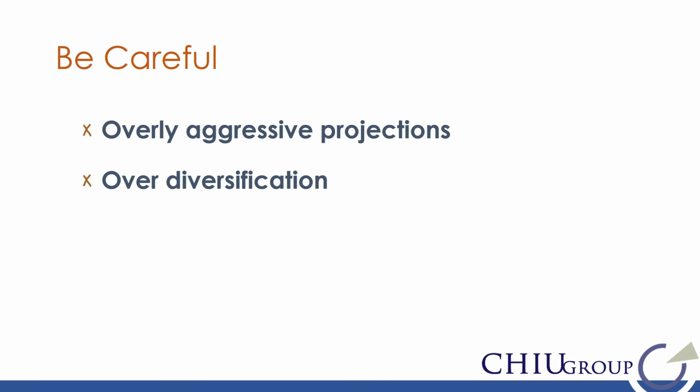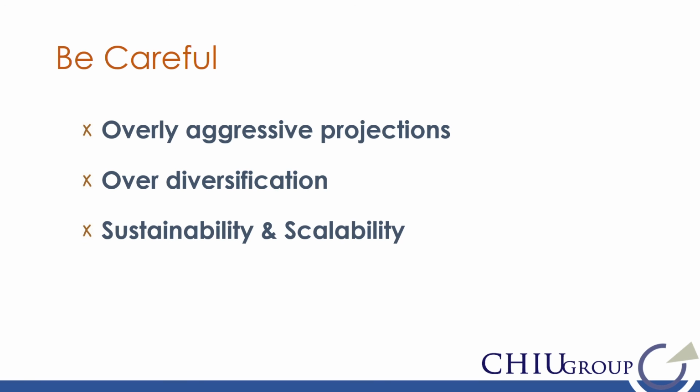The next item to be careful of is sustainability and scalability. So this is making sure from the beginning that whatever your programs and activities are that you're hoping to do, that you can actually sustain them in the long run, and that you can grow them at a reasonable rate, right? In many ways, if you think about it, a not-for-profit organization is a public charity, right? You're taking funding from the public, that's what donations are, and you're putting them into operations for the betterment of society.